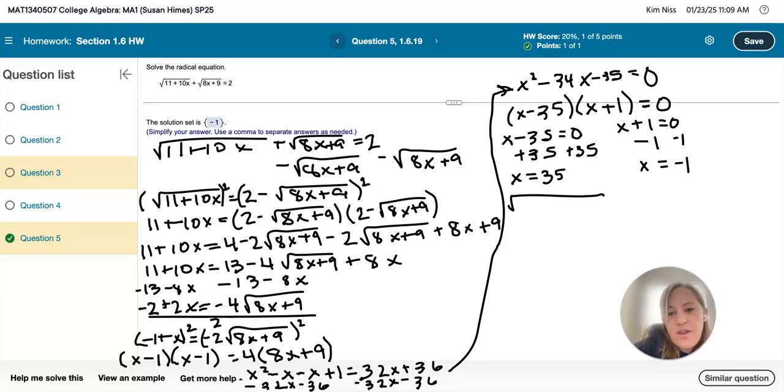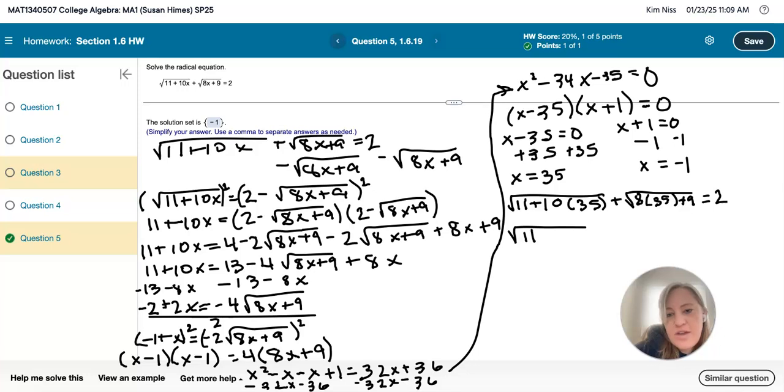So we have the square root of 11 plus 10 times 35, plus the square root of 8 times 35 plus 9. Does that equal 2? You can already tell that these are going to be big numbers, so they're probably not going to equal 2, but we will pursue it.